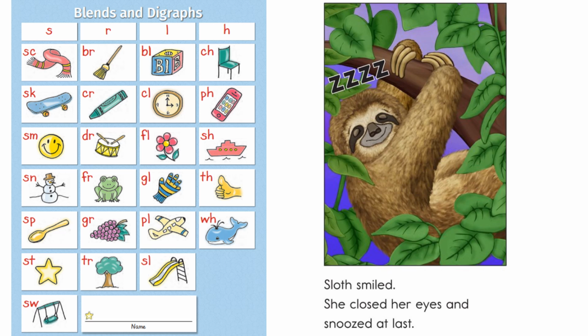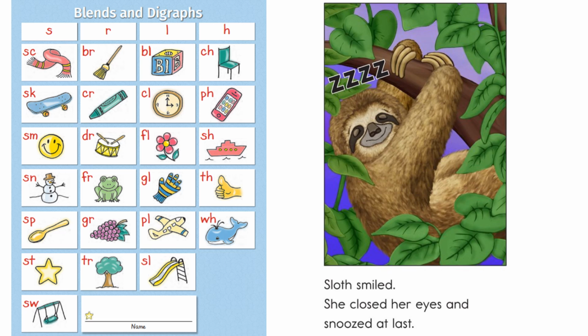Sloth smiled. She closed her eyes and snoozed at last. Boy, I probably should have had you read that page, but that's okay. Did you hear any blends or digraphs? Read it with me. Sloth smiled. She closed her eyes and snoozed at last.